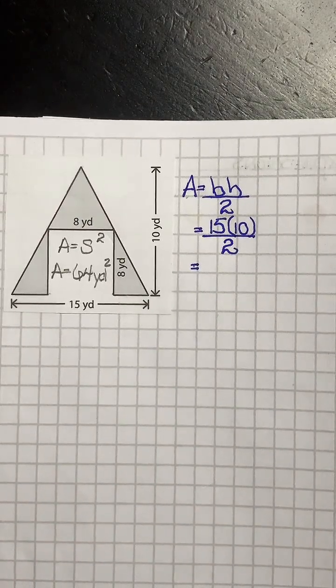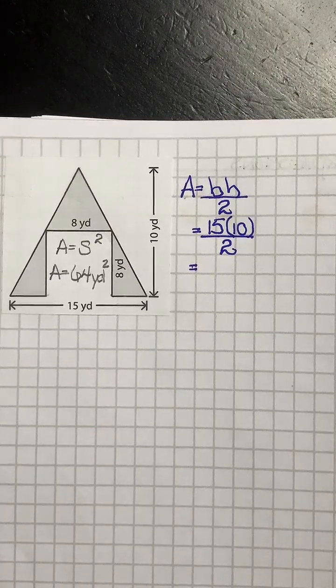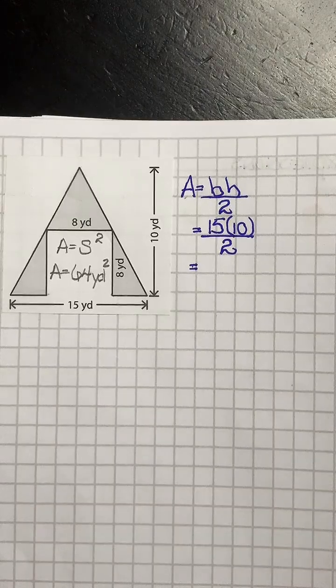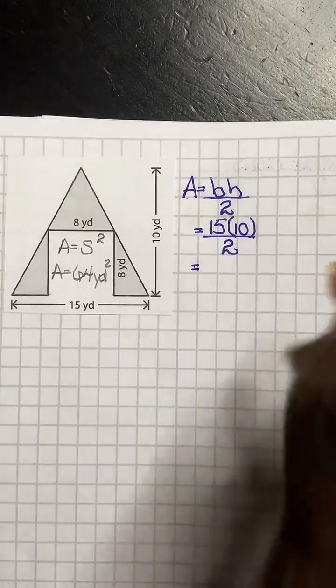Okay, BH, base times height. So Johnny, we got our 150, good, but don't forget, and also Big Al, don't forget to divide by 2. Okay. All right, so we got our 75.